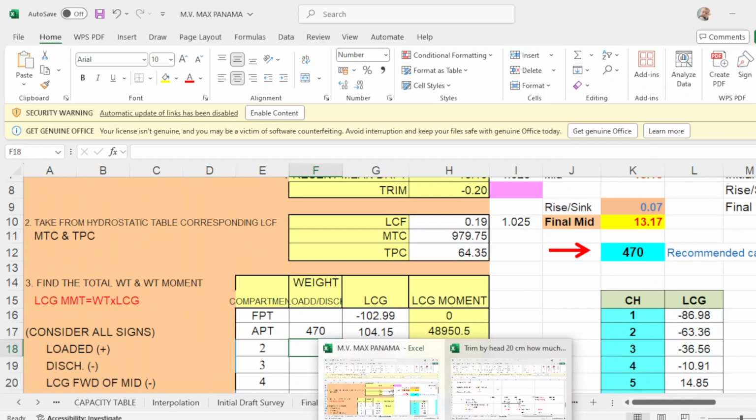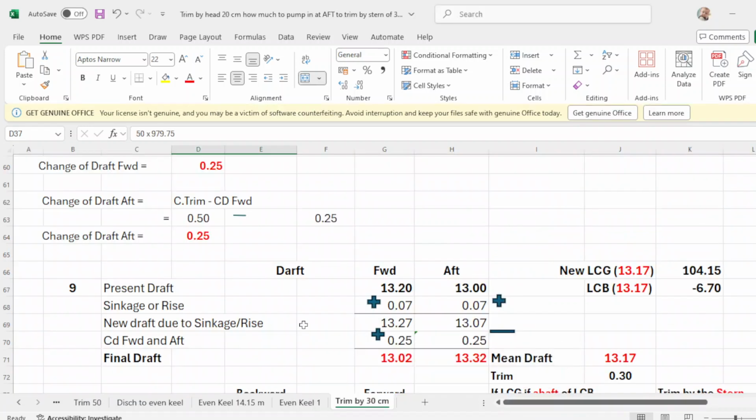Now let's go to the manual computation. So your present drop forward is 13.20 and aft drop is 13 meters. You are trimmed by the head. Okay, apply your sinkage of 0.07.